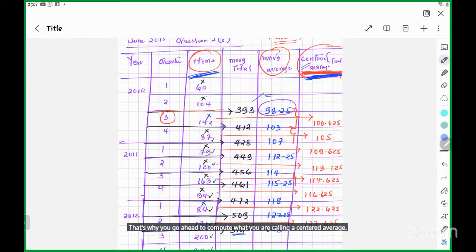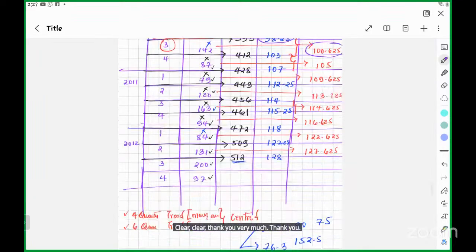The centered average takes that other average into a respective period. That's why our first value, 100, has been centered in the third quarter. I don't know if that explains what you needed. Clear. Thank you very much.